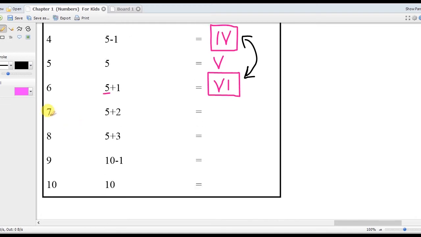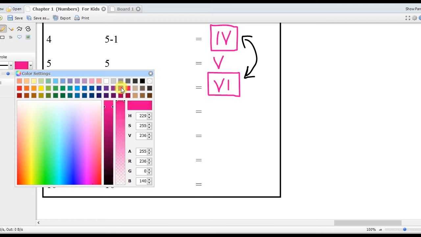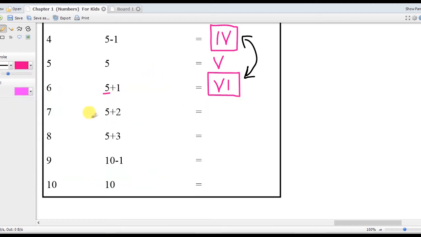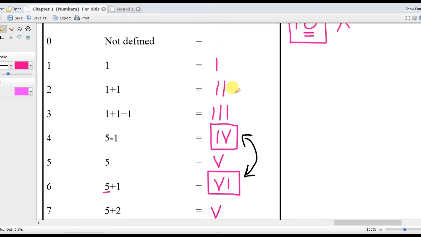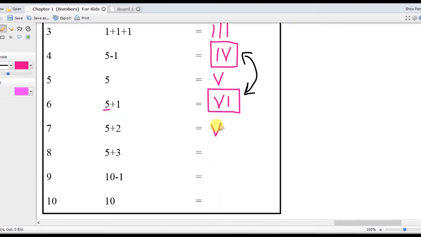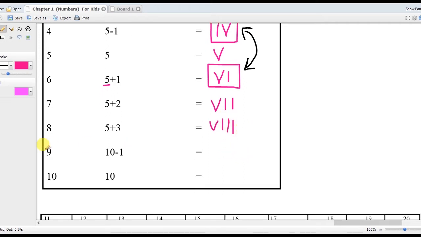Okay, next for number 7, it is 5 plus 2. So how do we write it? For 5 it is V, and for 2 we have already learned, just put 2 sticks. So this is 7. For number 8 it is V and III. For number 9, okay, let's first solve number 10 because this is one of the basic symbols.